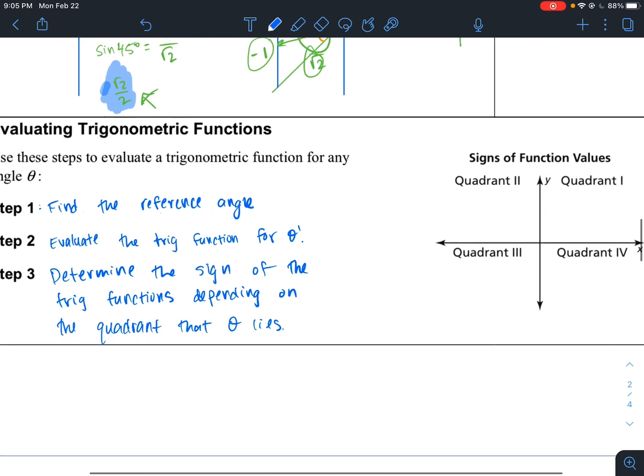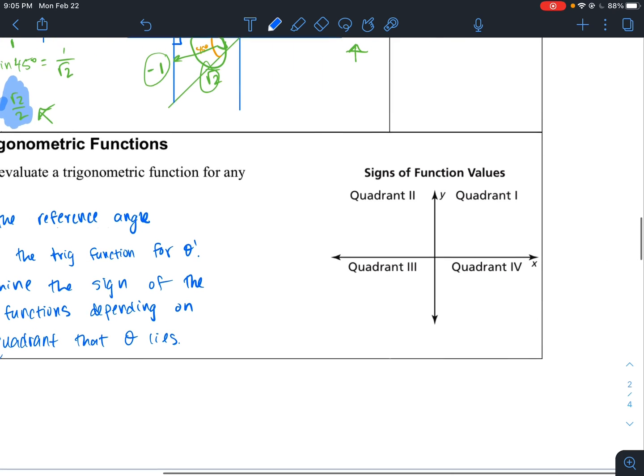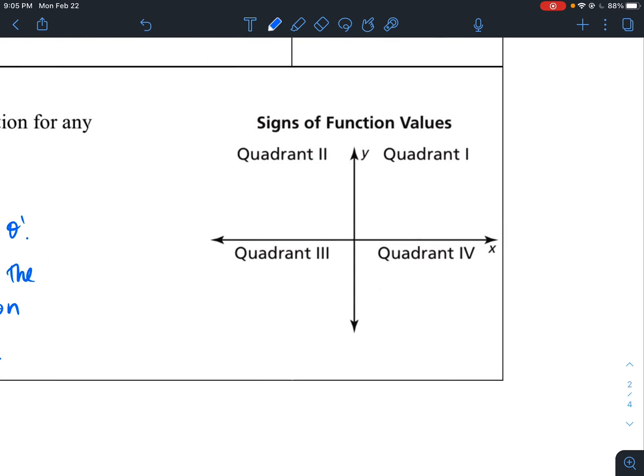So once you have those written down, pause it if you need to, but over here on the right side, this is where you can reference.